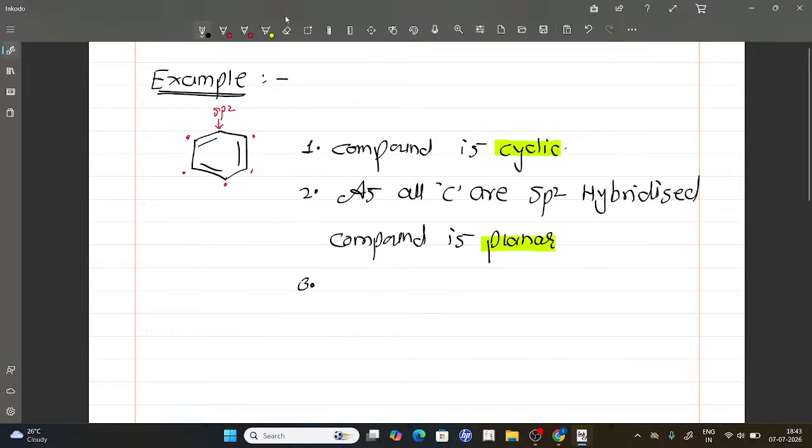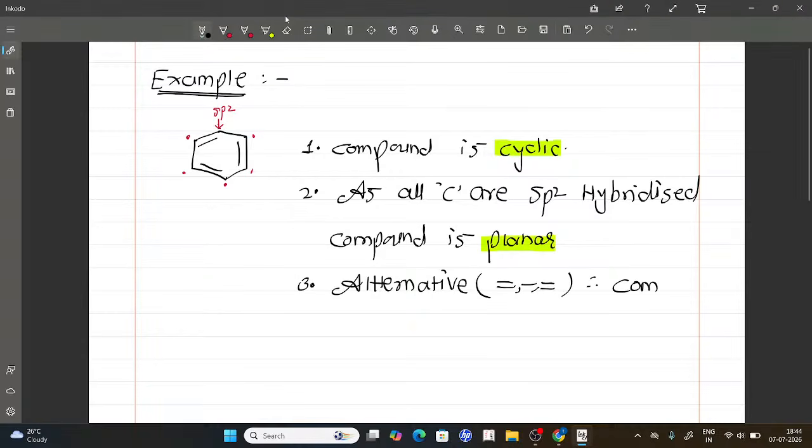That is, alternating double bond and single bond is present in the system. Therefore, your compound is conjugated. हा जो कंपाउंड आहे हा कॉन्जुगेटेड कंपाउंड आहे.